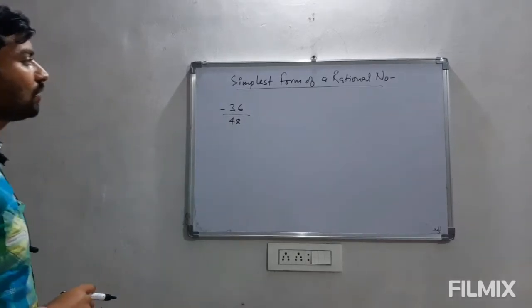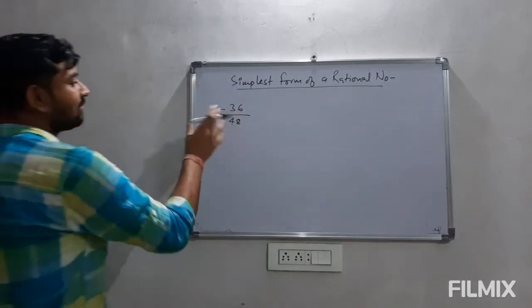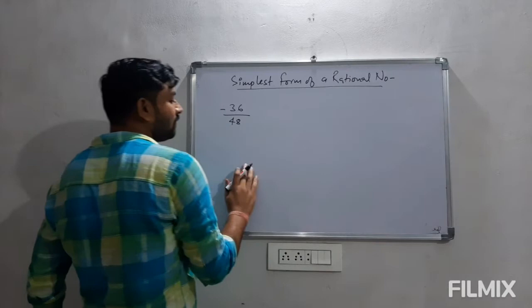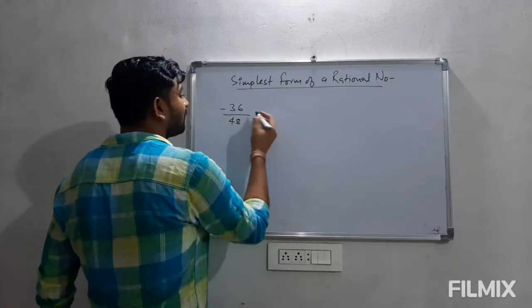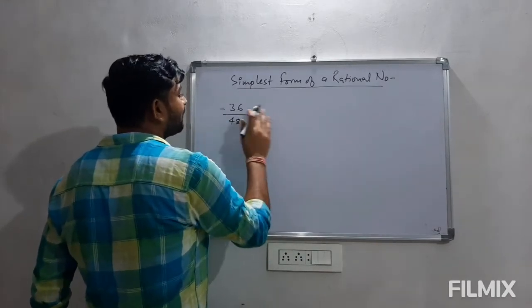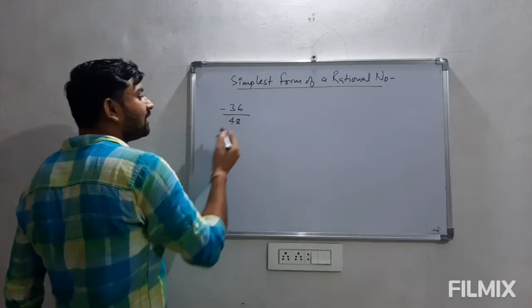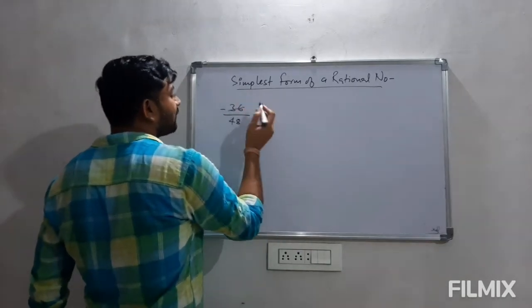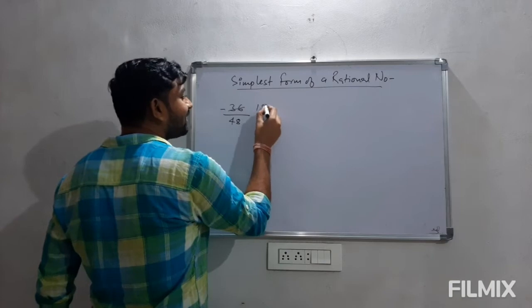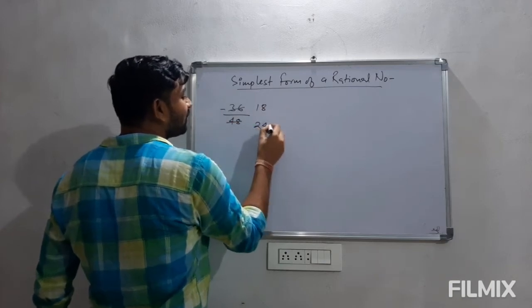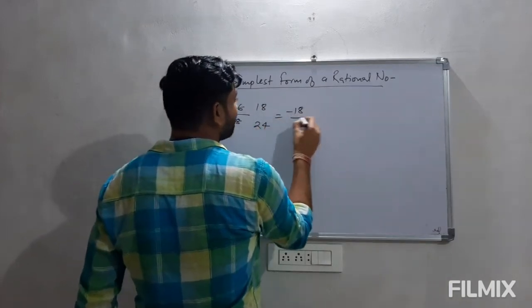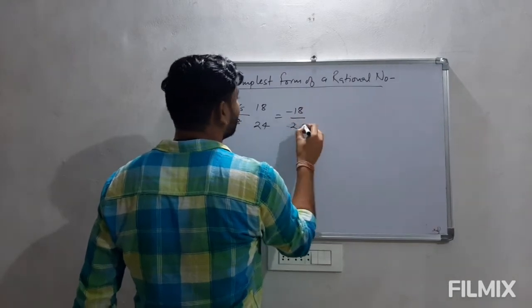If I want to express this in the simplest form, the one method is we continuously divide it by its common factor. Like if we divide by 2, 36 divided by 2 we get 18, 48 divided by 2 we get 24. So we have a number that is minus 18 upon 24.